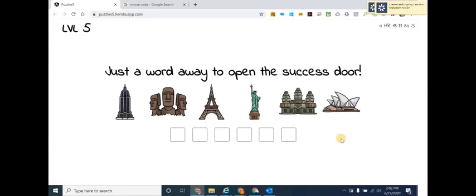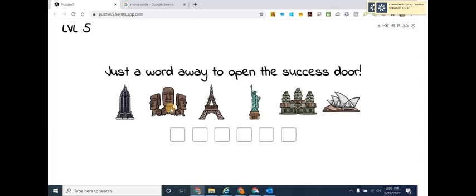If we keenly look at the pictures mentioned here, for the first picture, if we use Google Lens to find where the place is situated and what its features are, we can work it out. This is the Empire State Building, and this is in New York.